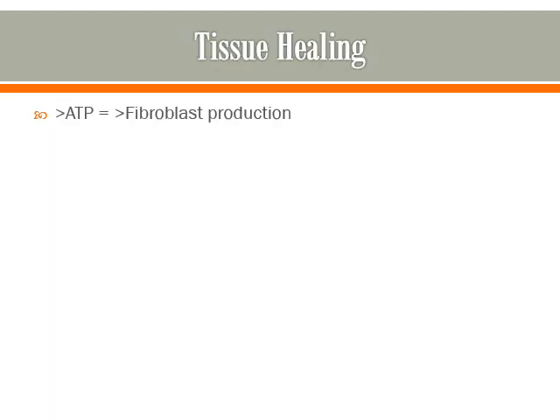So in regards to tissue healing, the reason why increased adenosine triphosphate is so important is that you increase fibroblast production. The idea there is that's going to increase the strength of the wound, or obviously the damaged portion of the tissue.